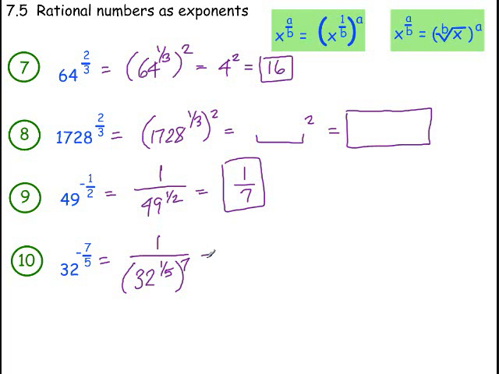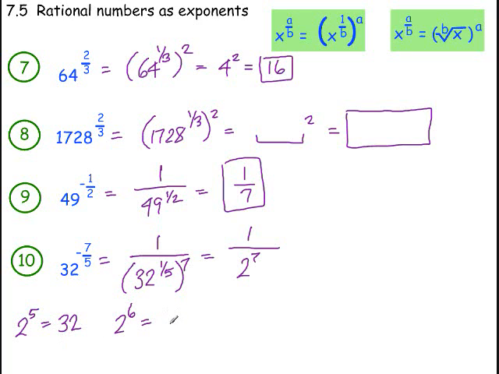Well, what is the 5th root of 32? We've seen that again and again. It's 2, and then we're going to raise it to the 7th power. Oh my goodness. Well, 2 to the 5th power equals 32. 2 to the 6th power then must be twice that, right?